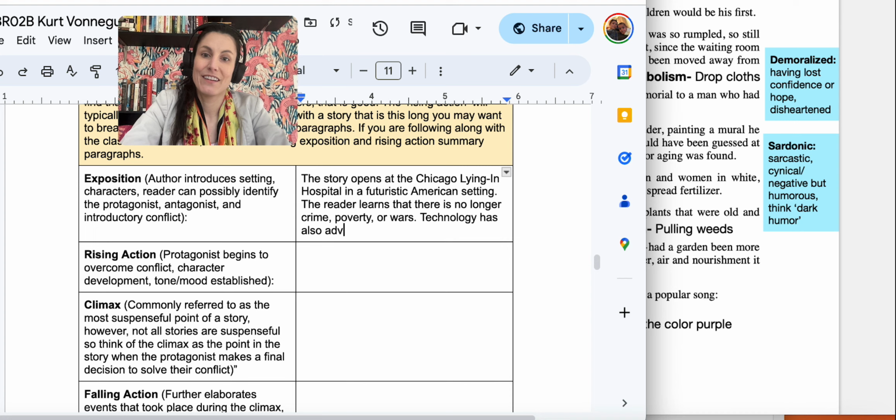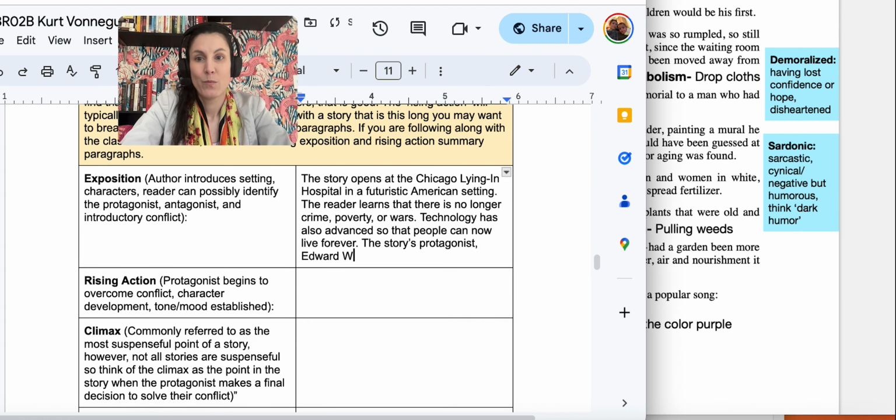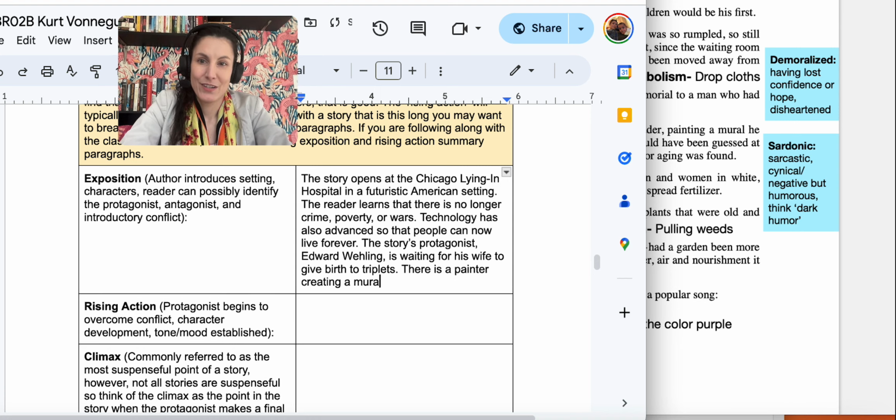Technology has also advanced so that people can now live forever. The story's protagonist, Edward Welling, is waiting for his wife to give birth to triplets. There is a painter creating a mural on the hospital wall.